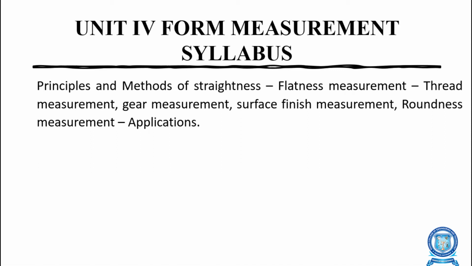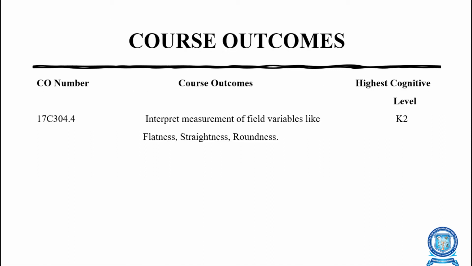In this course, we are going to discuss the principles and methods of straightness measurement, flatness surface measurement, thread measurement of an element, gear measurement, gear variables measurement, surface finish measurement, and roundness measurements, etc. After the completion of this fourth unit, we will be able to interpret the measurement of form variables like the flatness surface, straightness surface, and the roundness surface.